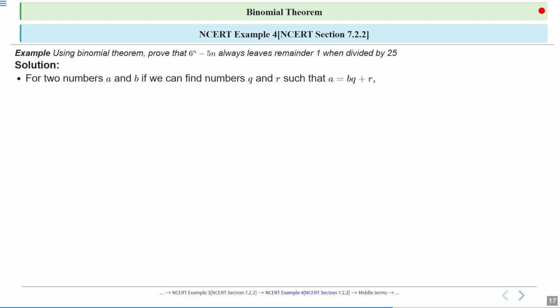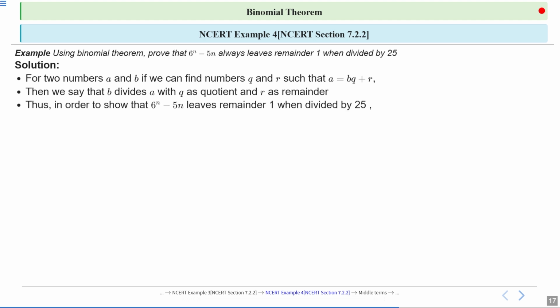For any two terms a and b, if we can find numbers q and r such that a equal to bq plus r, then we say that b divides a with q as quotient and r as remainder.